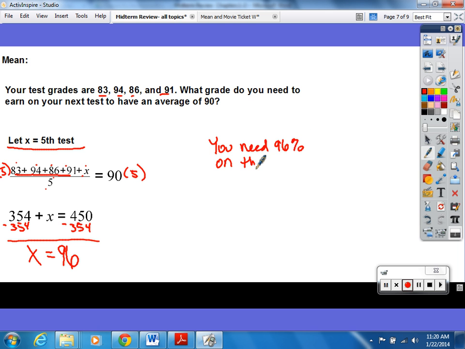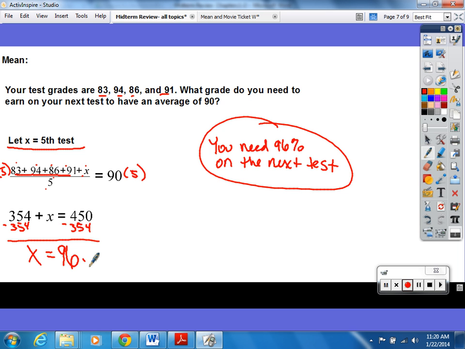on the next test. The check for this, you can do this in a lot of different ways. Some people are checking it back here, 354 plus 96, just to make sure that they get 450, and it checks.